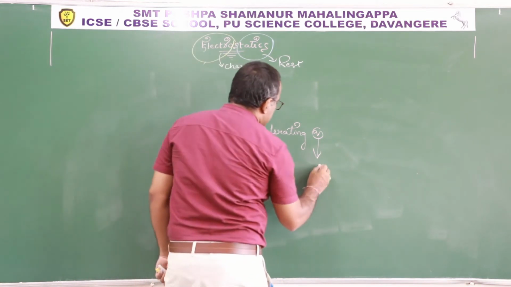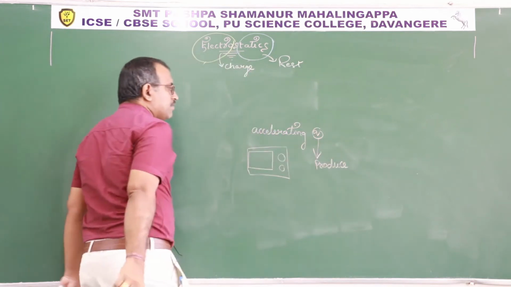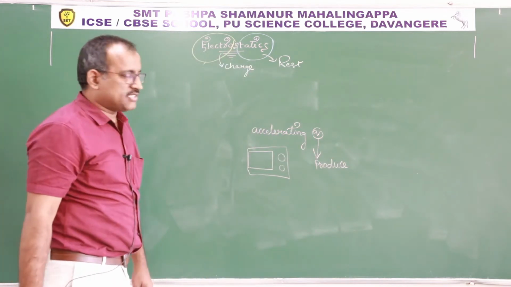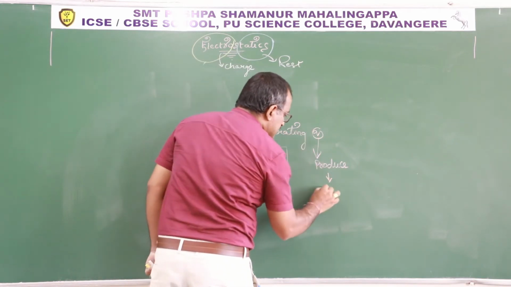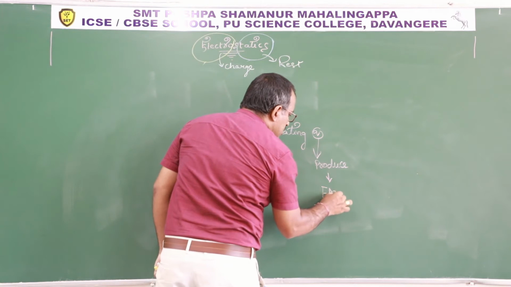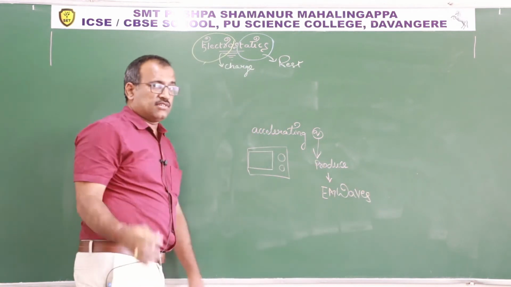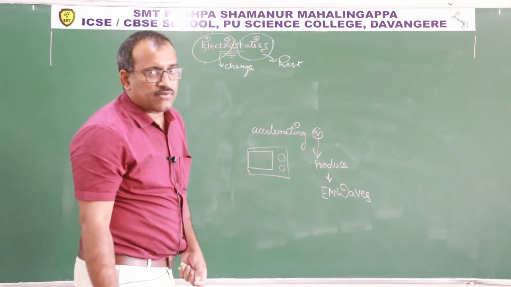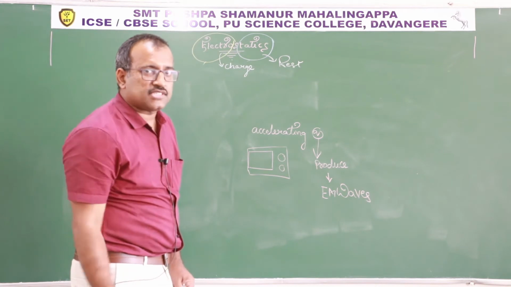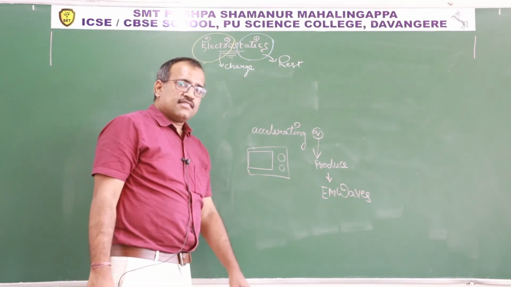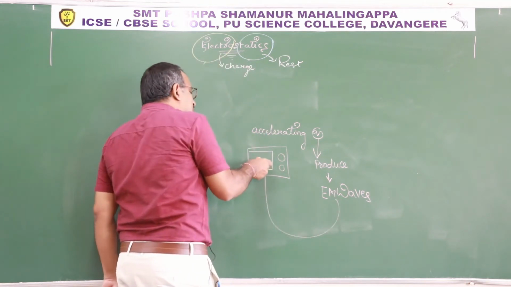So it will produce, damn sure, electromagnetic waves, which people may call EM waves. Maybe in your school level you studied radio waves, microwaves. So maybe it will produce microwaves in this.